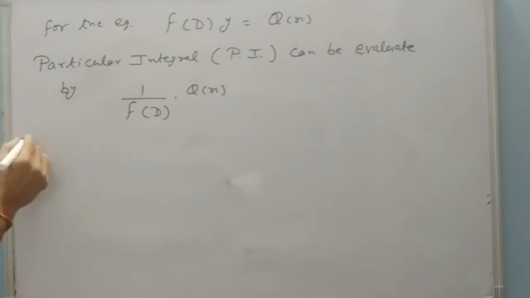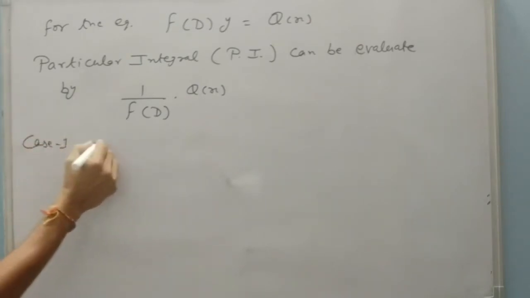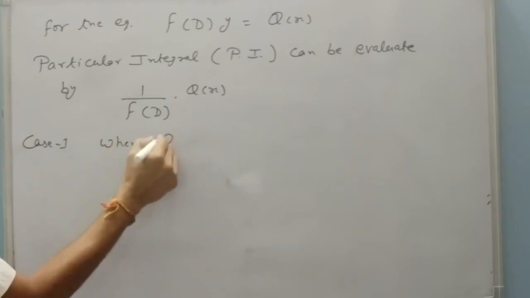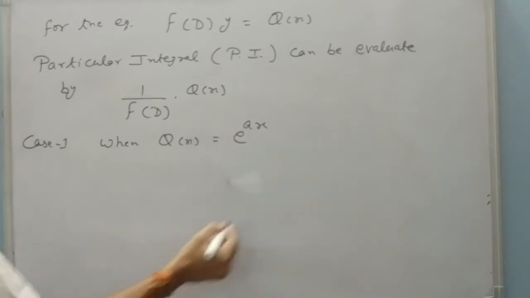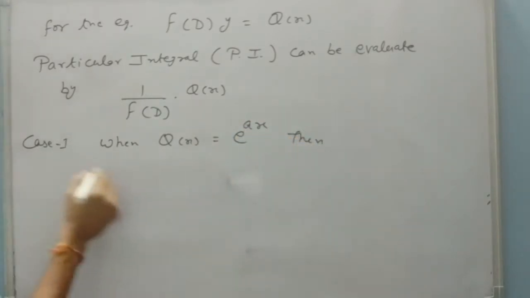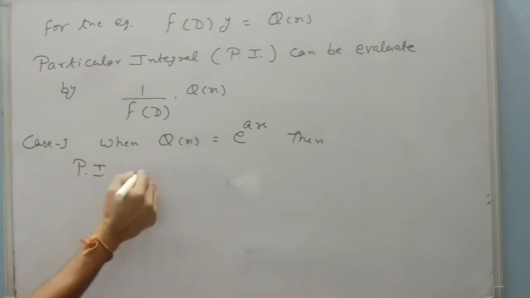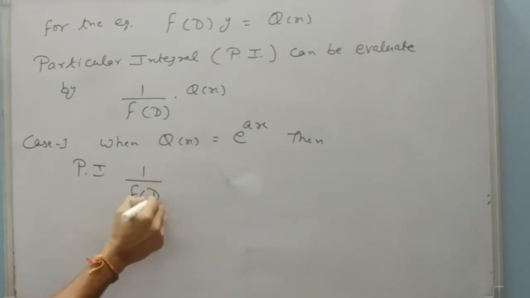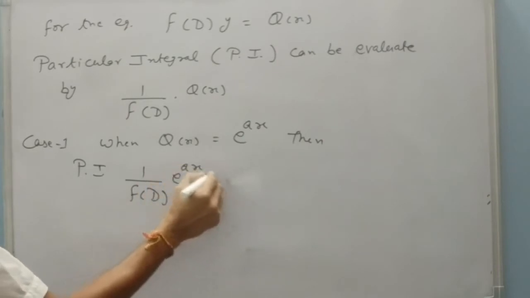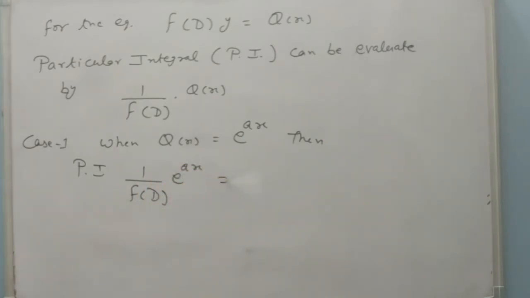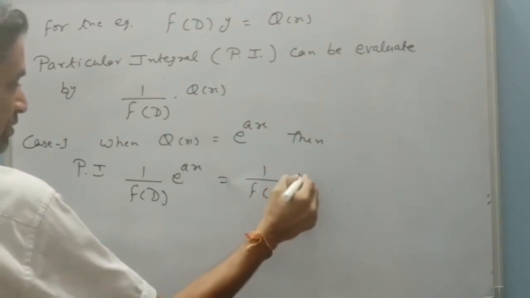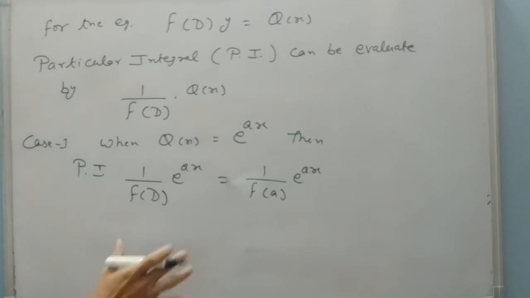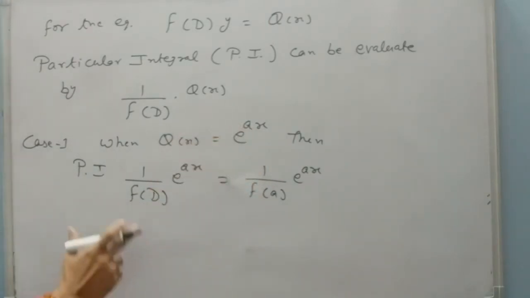Case number 1: when the function Q(x) is in the form of e to the power ax, then the particular integral, 1 upon f(D) e to the power ax, will equal 1 upon f(a) e to the power ax. It means just put the coefficient of x in place of D.